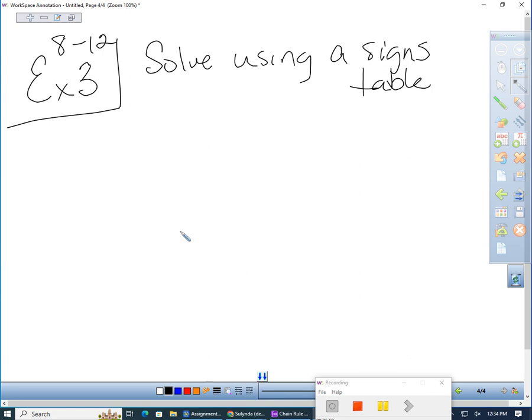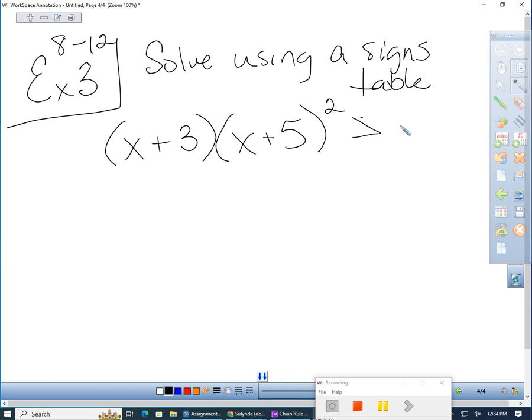For example, let's say I have x plus 3 times x plus 5 squared is greater than 0. First of all, we have zeros at negative 3 and negative 5. In our signs table, we're going to put a dash at negative 5, because that comes first on the number line, right? And a dash for negative 3.